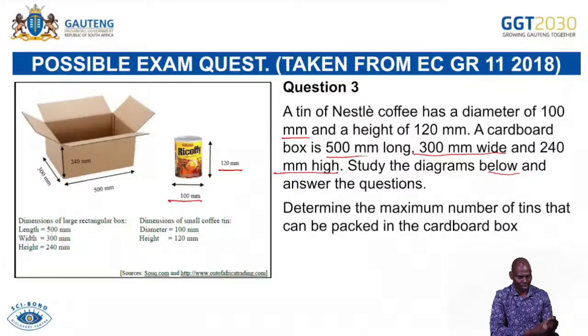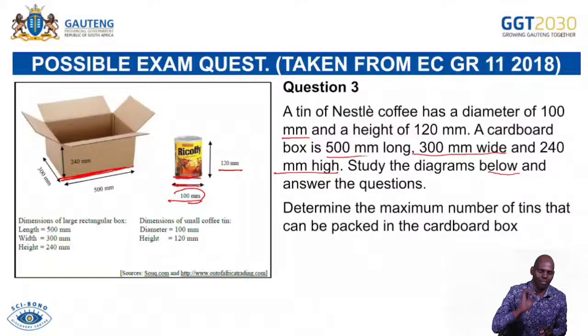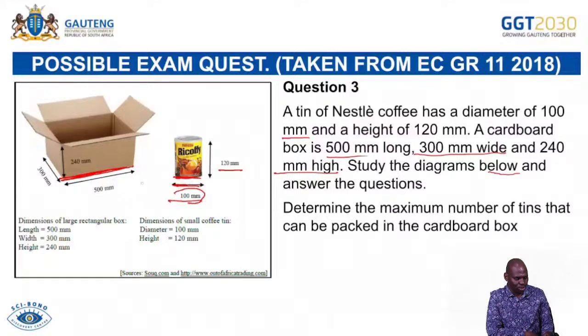Now let's see. If you look at this tin, it is 100 millimeters. Now, if we have to take this tin and pack it along the 500 millimeters, we are going to check how wide the tin is. Then that will be determined by the diameter. Then we need to check how many diameters are going to fit there.